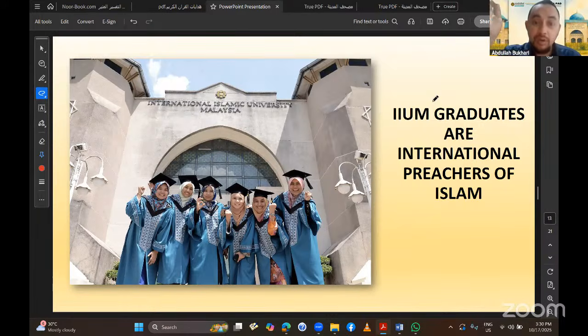We can see worldwide, many well-known preachers graduated from this university, and we are very proud of them because they are doing da'wah using the language that they learn in this university.